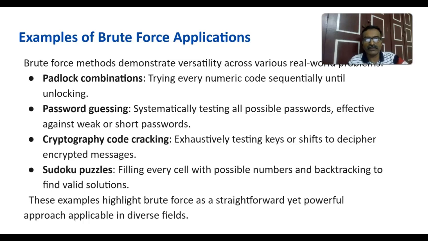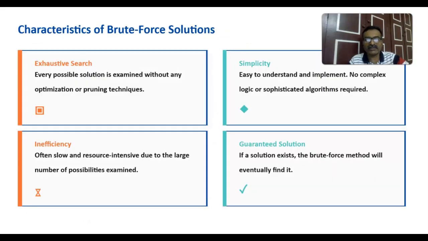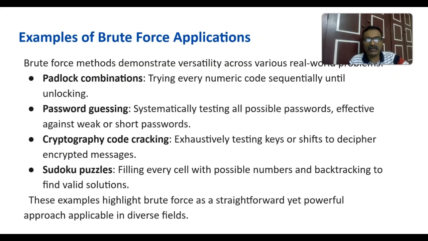So guessing the password, you have to try one by one and figure out what the password is. Then there is cryptographic code cracking, where if you have encrypted messages, we have to try one by one to find out what the code is.